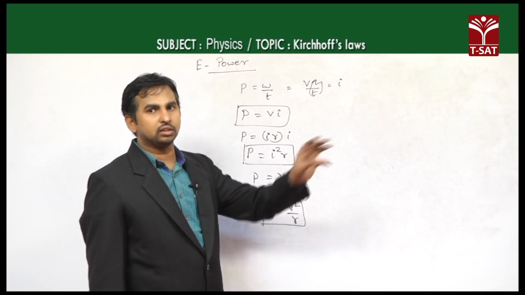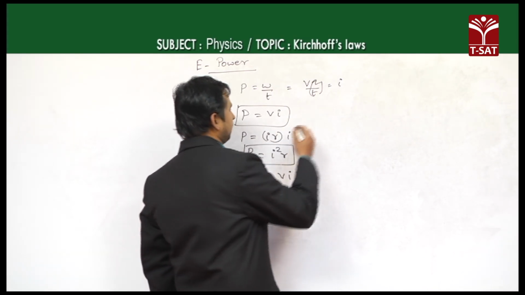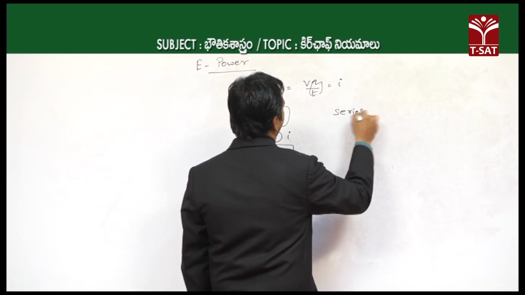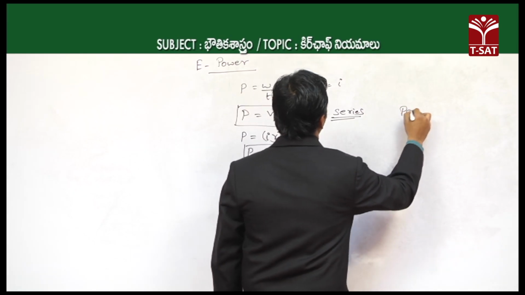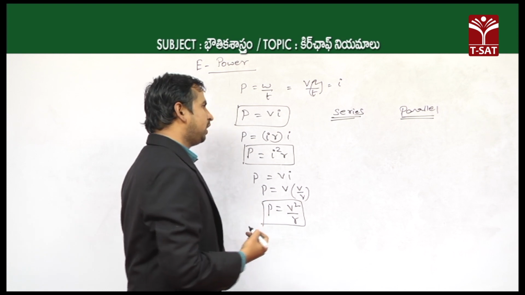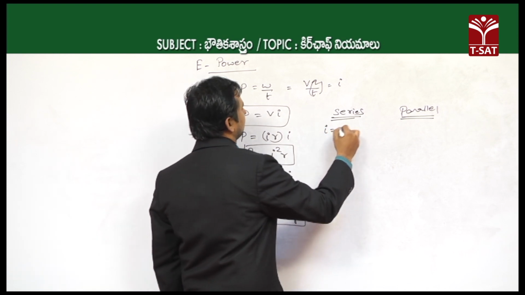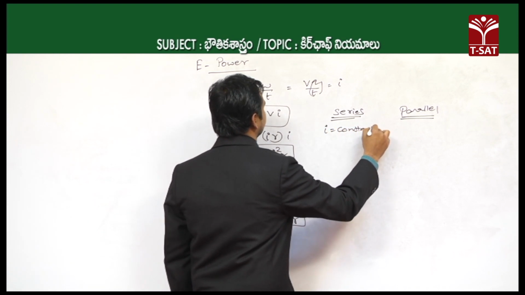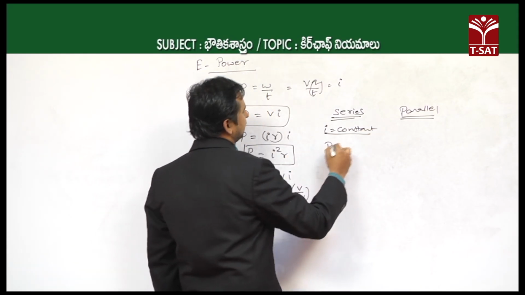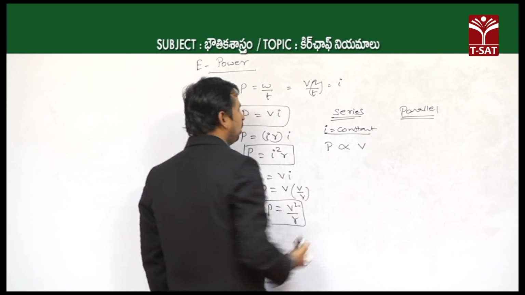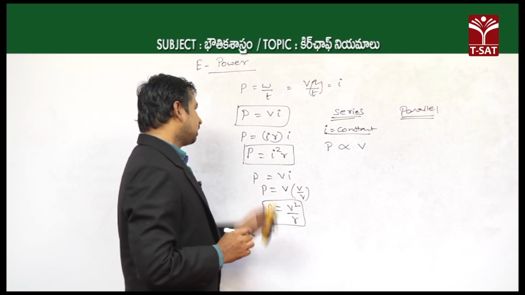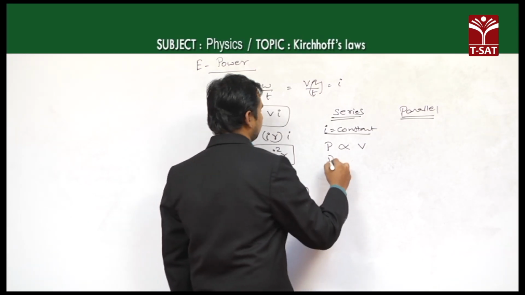Like that, depending on the given conditions, for example, in case of series, I remains constant, I is equal to constant. Then the power delivered is directly proportional to the voltage in case of series, and not only that, the power is directly proportional to the resistance.